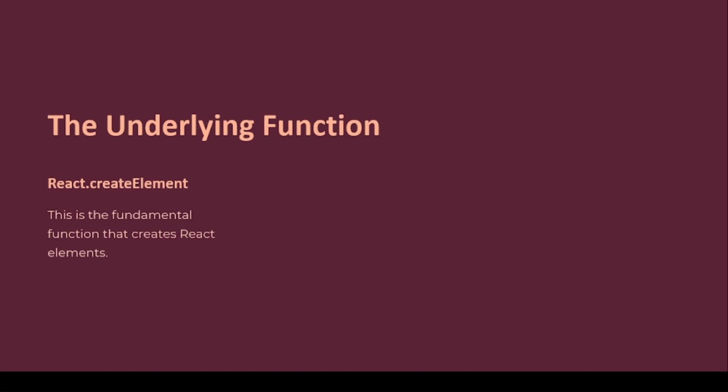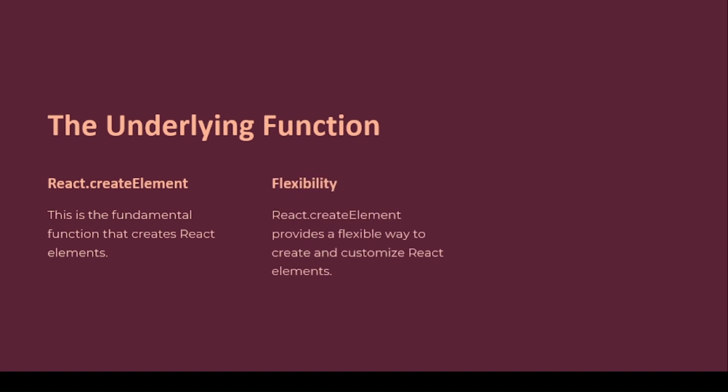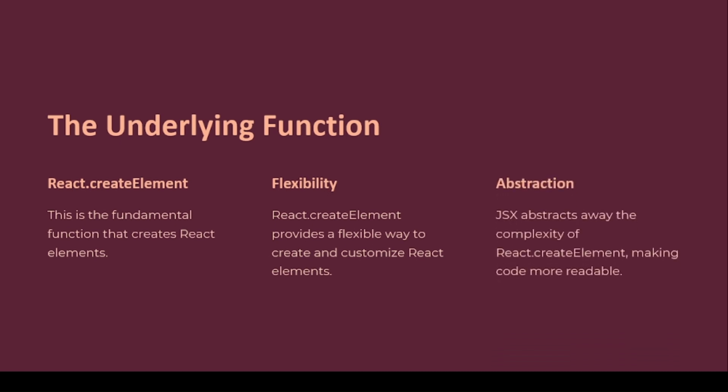All it does is it will be transpiled into React.createElement so that it gets understood by your browser. React.createElement provides a flexible way to create and customize the React element, while JSX abstracts away the complexity of React.createElement, making your code more readable.